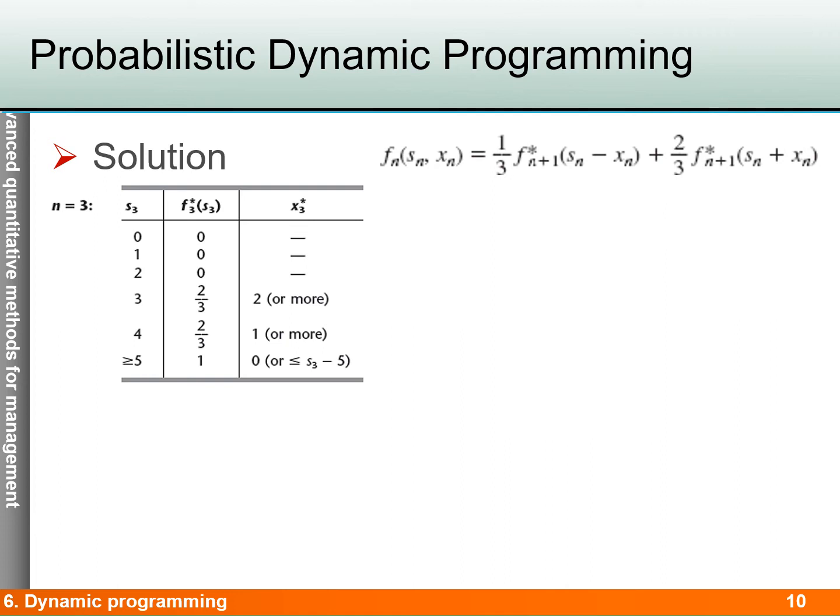From the other side, we know if we bet xn and we win that, we win exactly xn. So if I decide to bet 0 or 1 or 2, let's see what happens. If I decide to bet 0, it means that I don't have anything more on hand.